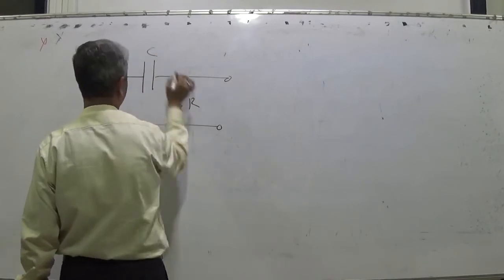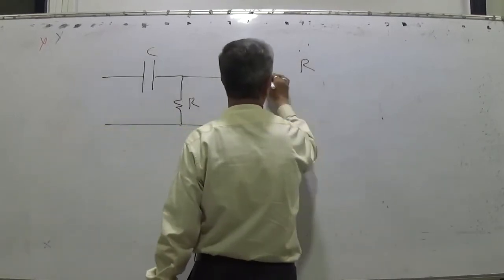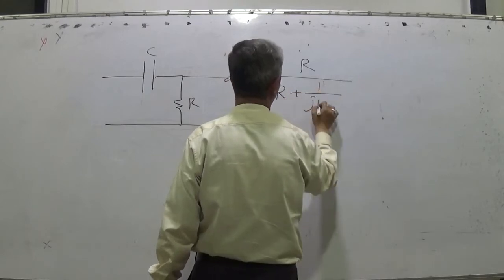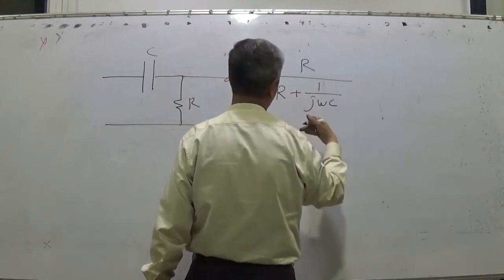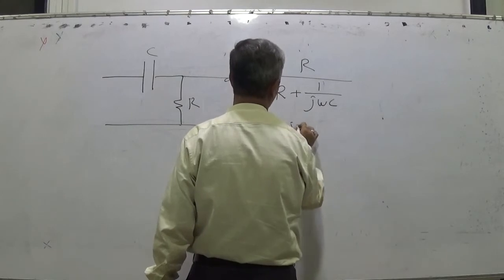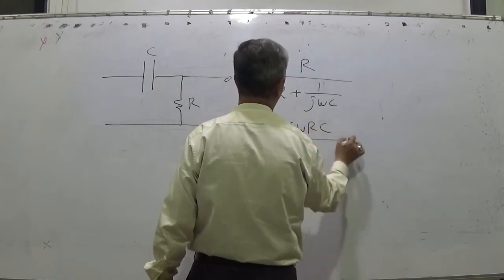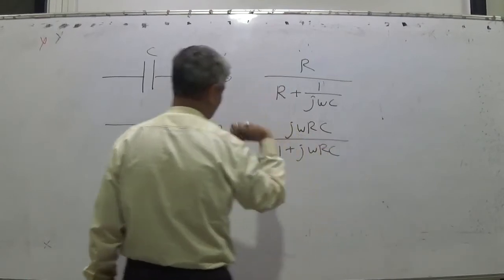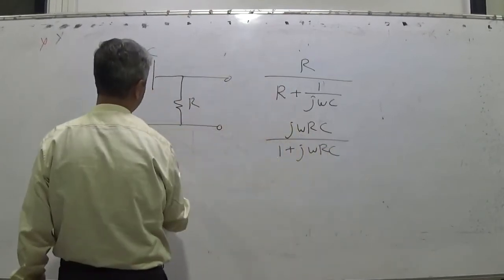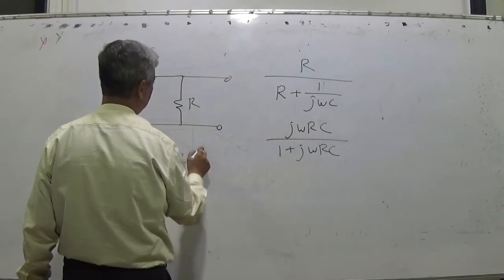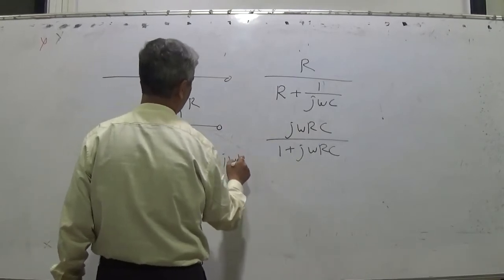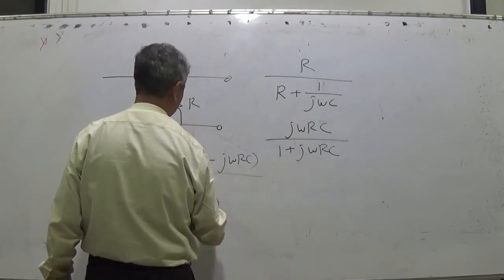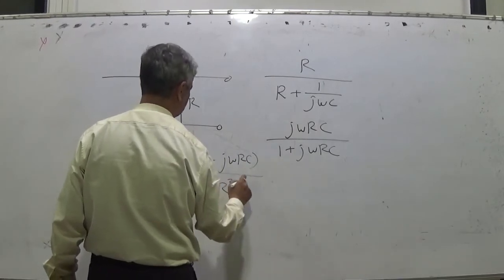It is R and C. So R upon R plus 1 upon j omega C. Multiplying numerator and denominator by j omega C, it will be j omega RC upon 1 plus j omega RC. So again multiplying by 1 minus j omega RC, j omega RC into bracket 1 minus j omega RC upon 1 plus omega square R square C square.